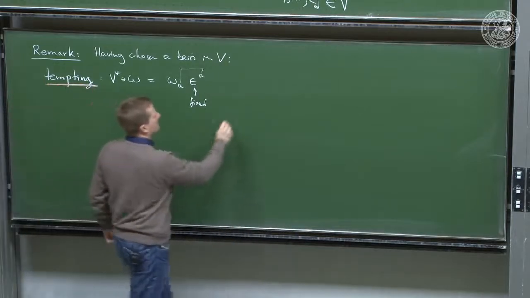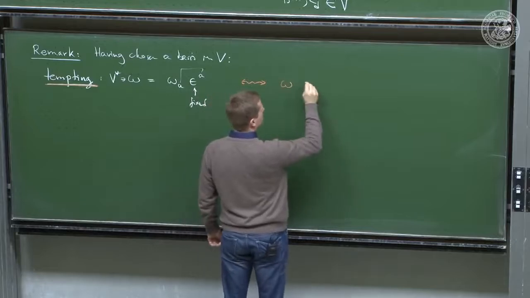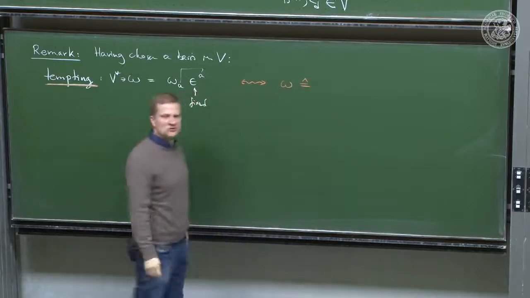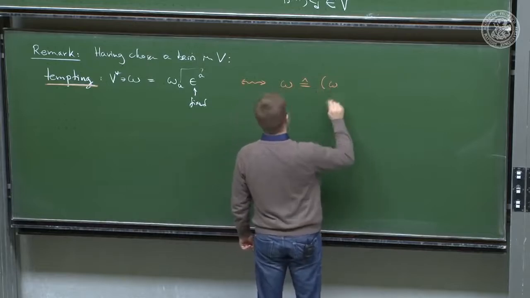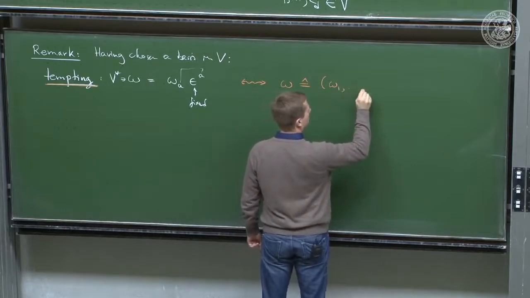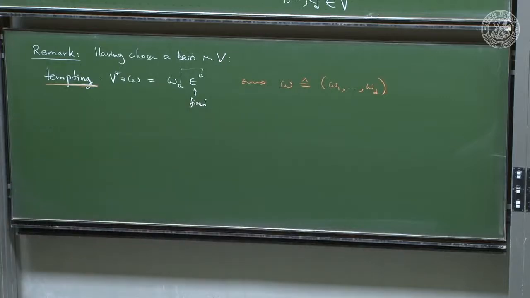It's very tempting to think of the omega, I put in corresponds to symbol, to think of the omega as a collection of its components. And so you write them down like this.